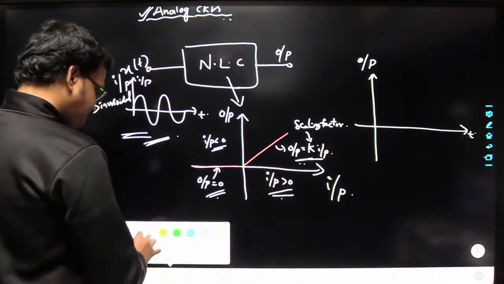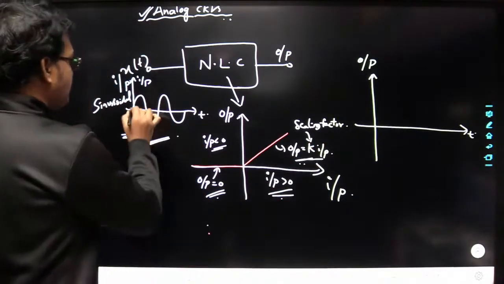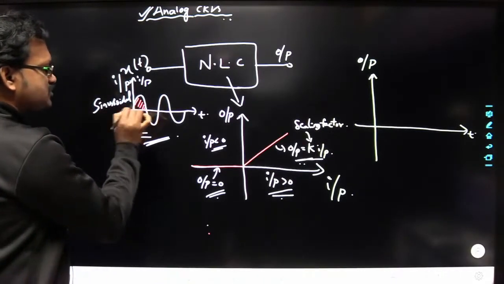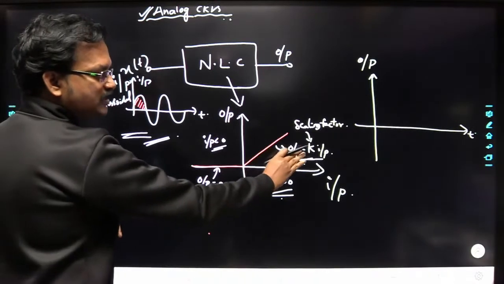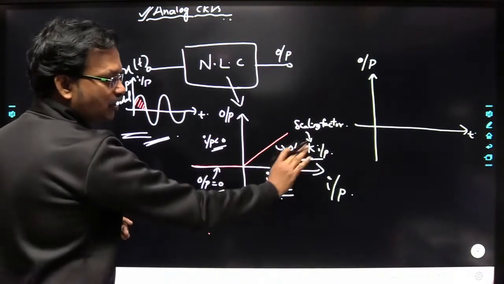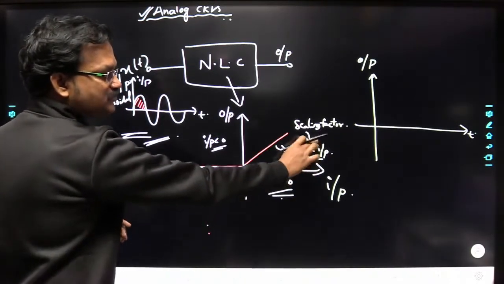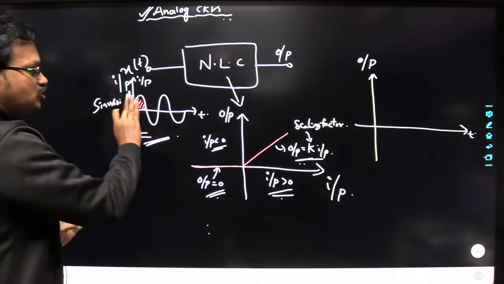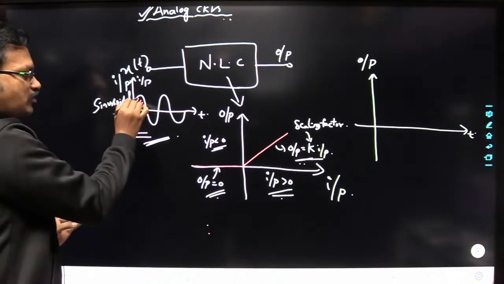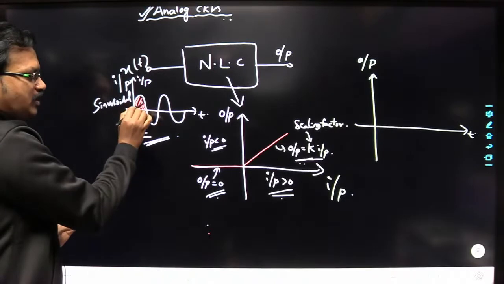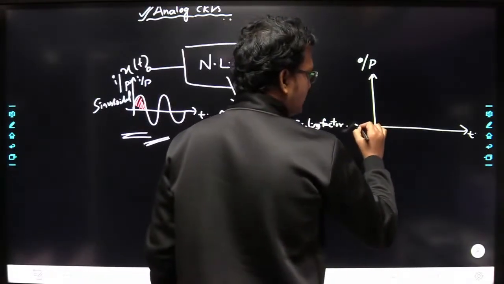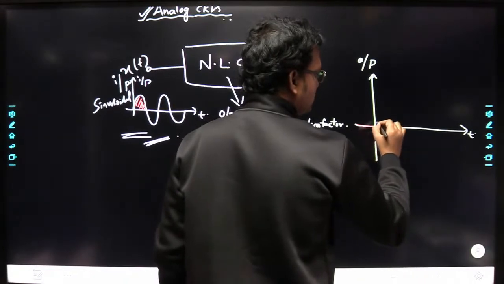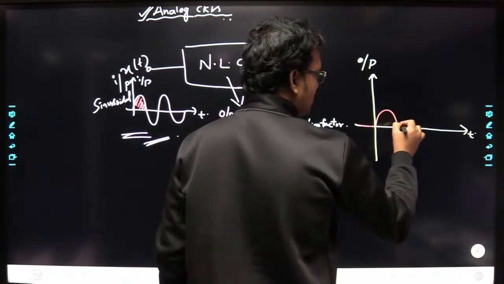Whenever input is positive, that means greater than 0, output follows the input but multiplied by the scaling factor k. So you are going to get the total positive half cycle at the output.